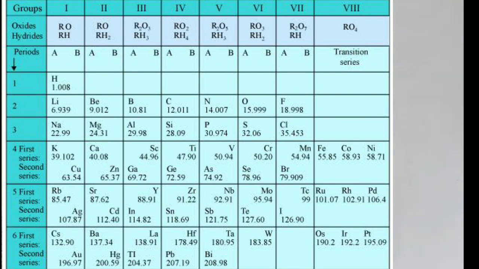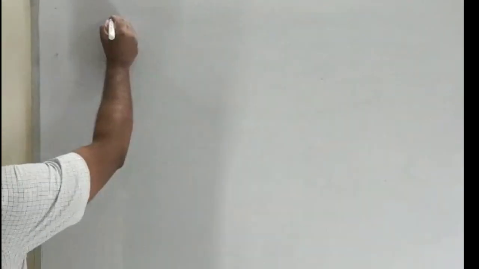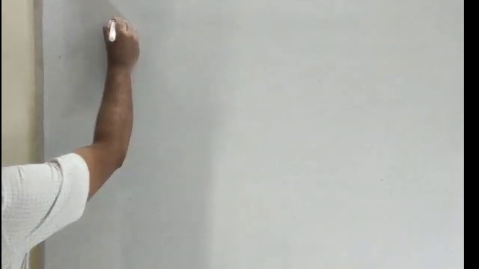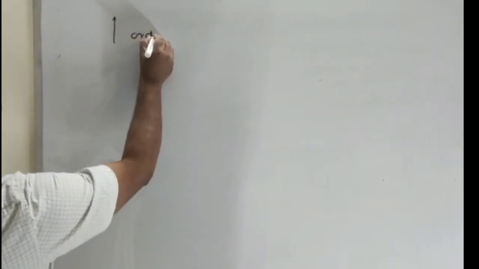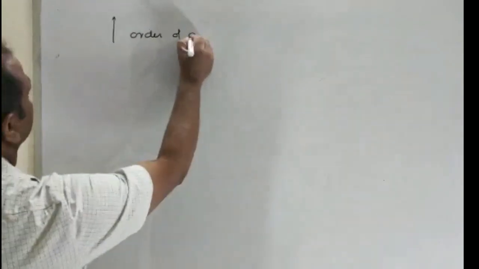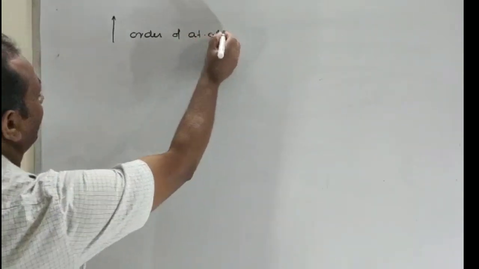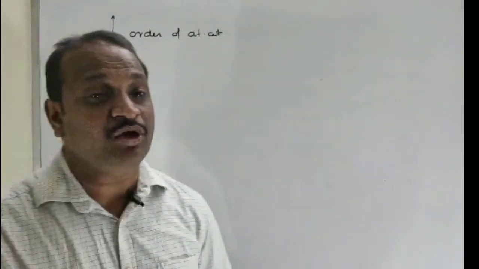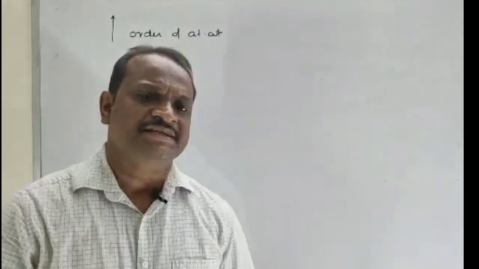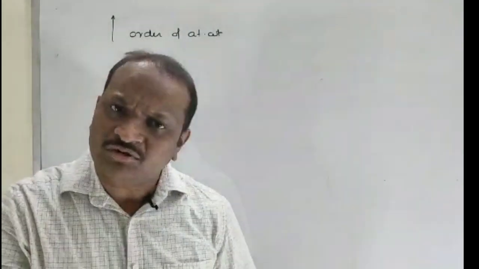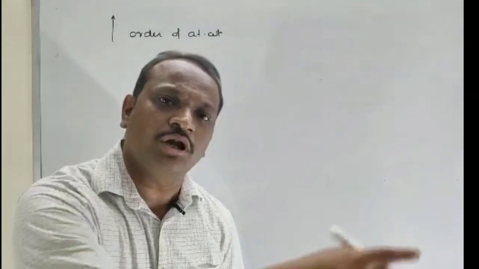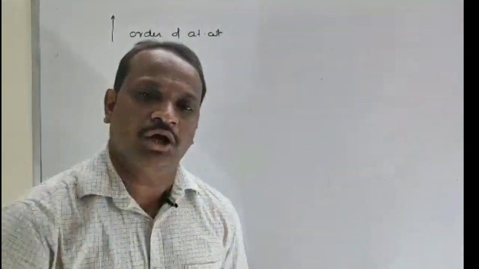Once you analyze, you can see how he arranged the elements. First point, he arranged the elements in the increasing order of atomic weight. Second point, it consists of a certain number of horizontal rows and vertical columns.